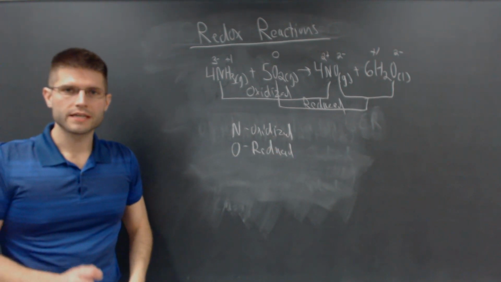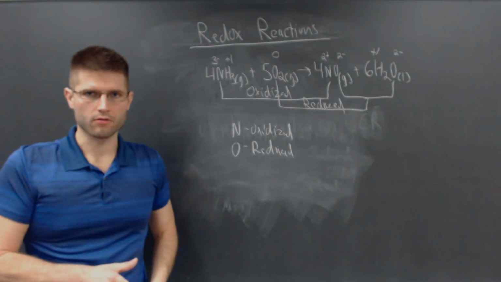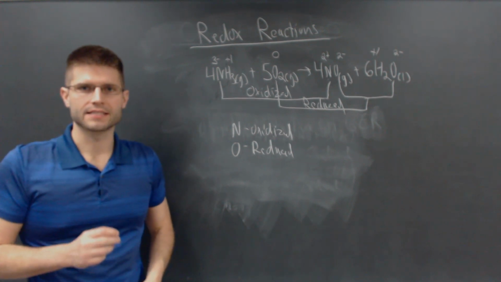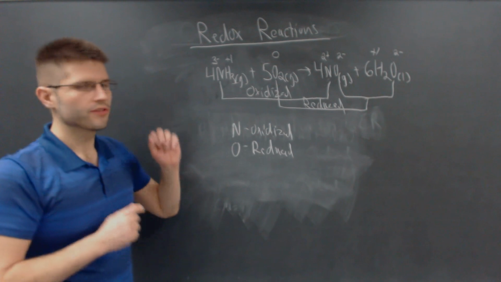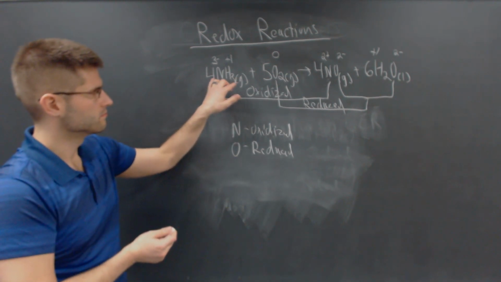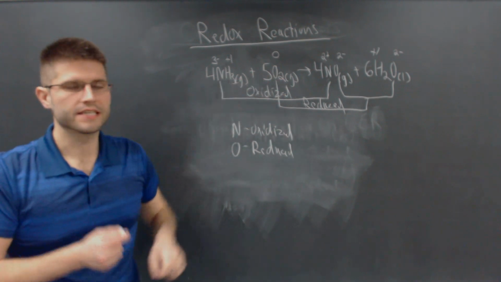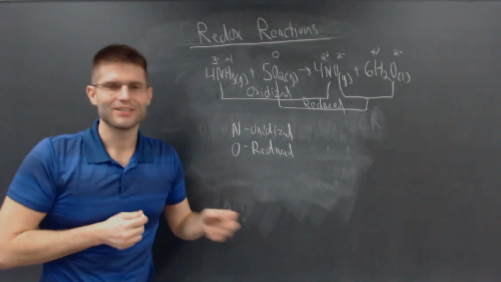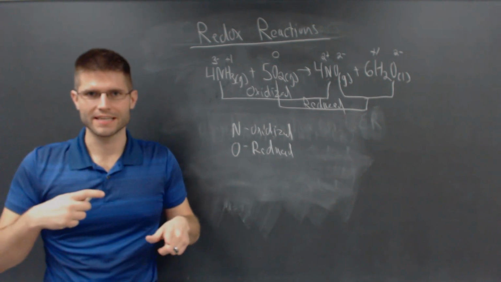Great. Now we can identify which compound acts as the oxidizing agent and which compound acts as the reducing agent. The oxidizing agent has to be one of the reactants, the compound that allowed the other element to be oxidized. So it's kind of the reverse thinking.